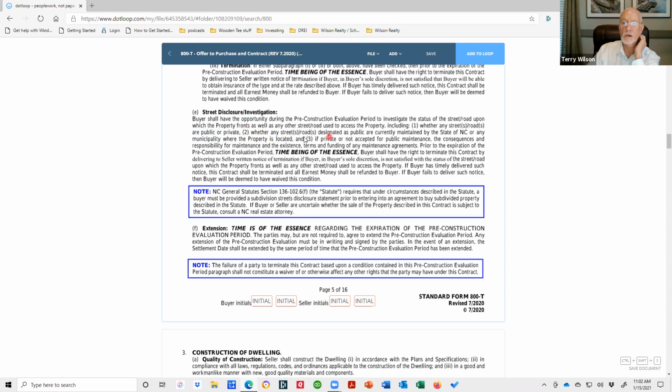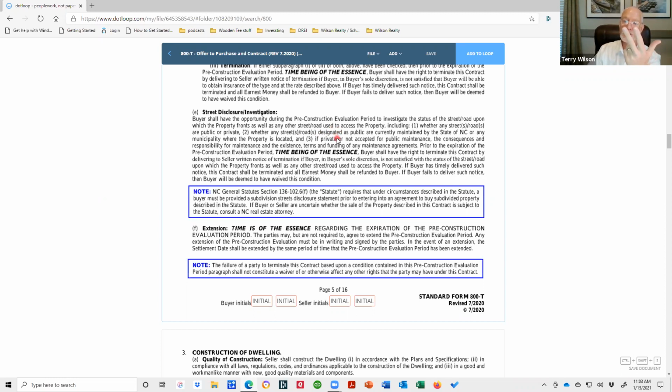Whether any streets or roads designated as public are currently maintained by the state of North Carolina or any municipality where the property is located. Remember that streets that are designated public are not necessarily going to become public. They have to be formally accepted by either the town or the Department of Transportation. There are no county maintained roads in North Carolina. The roads are either maintained by the town, the city, or the Department of Transportation. Those are public roads.